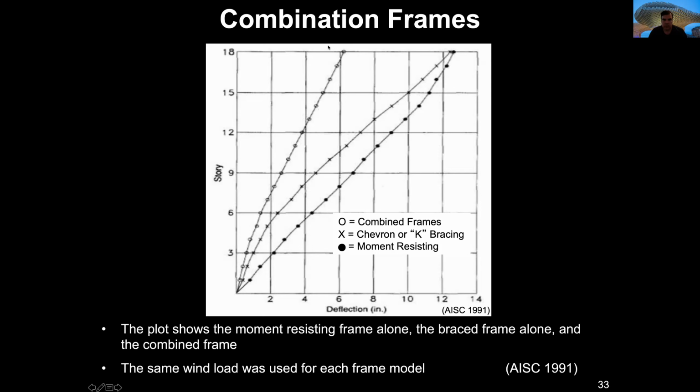And when the building has, for example, a height of 9 stories, the deflection with the moment resisting frame will be 6. It will be smaller when we have a chevron or K bracing, and when we have the combination it will be a little bit more than 2.